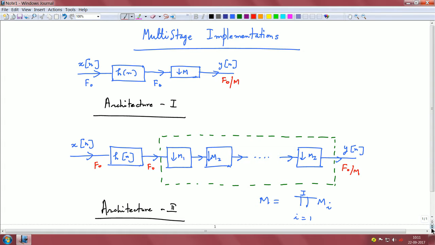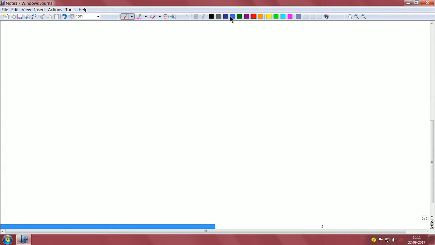So, let us draw the schematic. We have x of n. Now, this is a little different from 1 and 2.